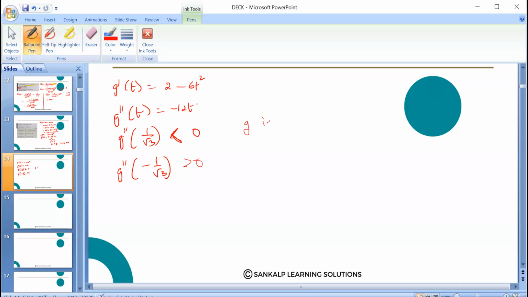Negative means g is concave down. Positive means g is concave up. So here we have a maximum and here we have a minimum. So the minimum of g of t is at t equal to minus 1 by root 3.